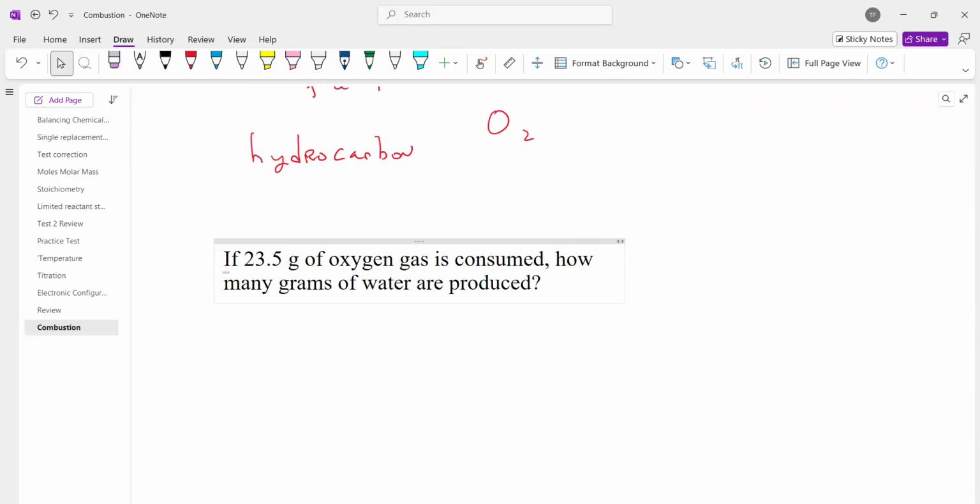Okay, 23.5 grams of oxygen gas. I guess it would be consumed. How many grams of water are produced? Okay, so let's start with our equation.